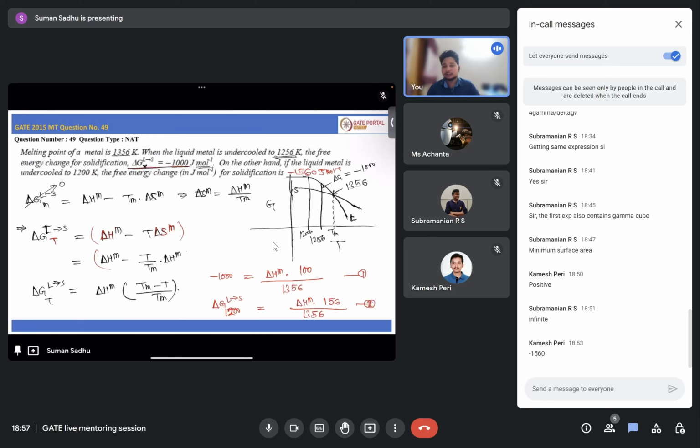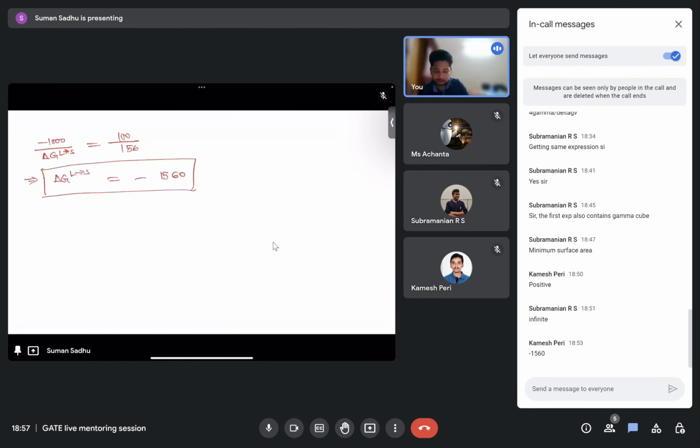Because when T is changing, your delta Hm and delta Sm should not be the same value as at the melting temperature, right? So the thing is that it is assumed the same value, because delta G at temperature T will basically be delta H of T minus T into delta S of T.